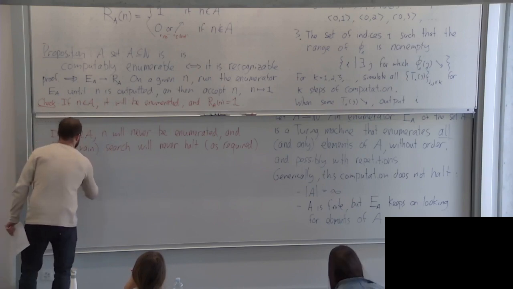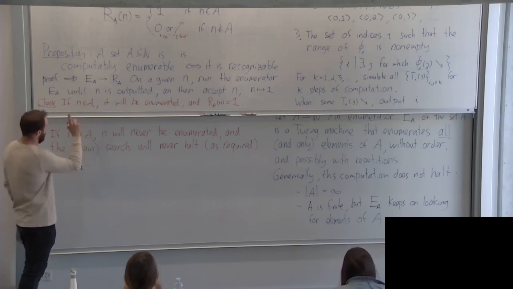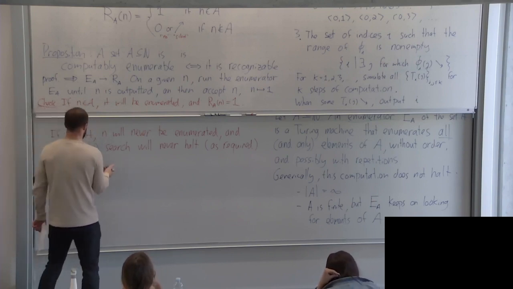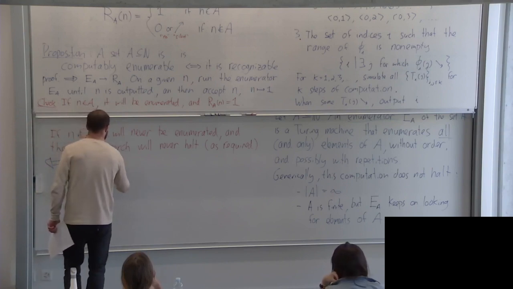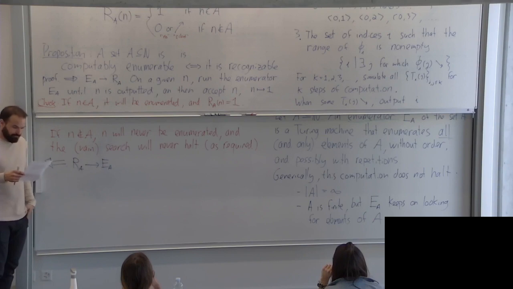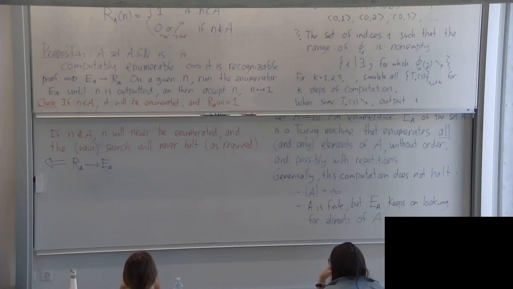That means we have a partial computable function which recognizes A, and we want to use it to make an enumeration of all the elements of A. Any ideas? The same trick as before.